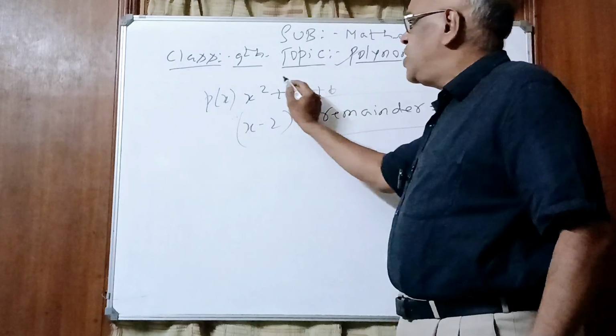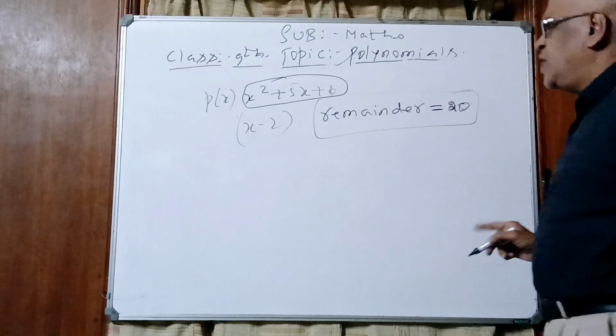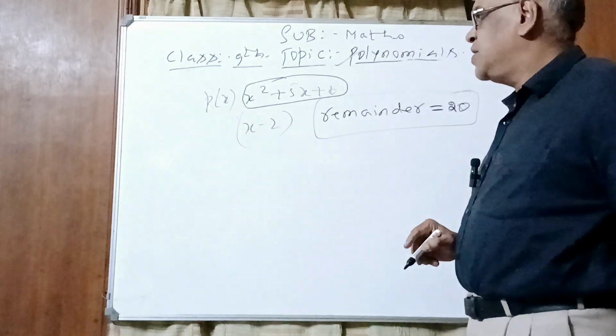When this polynomial is divided by x minus 2, the remainder is P of 2, which is 20. Yes or no? Yes.